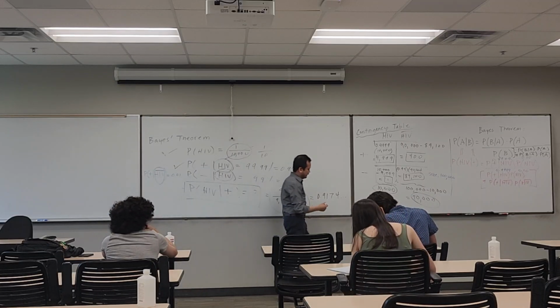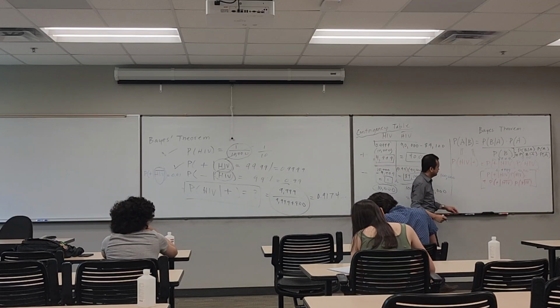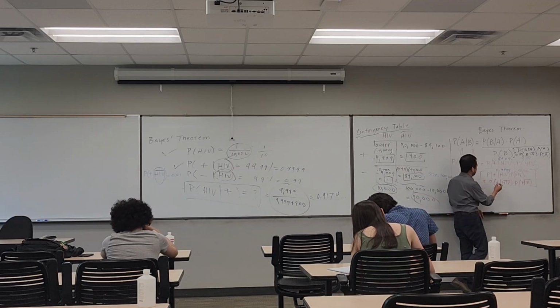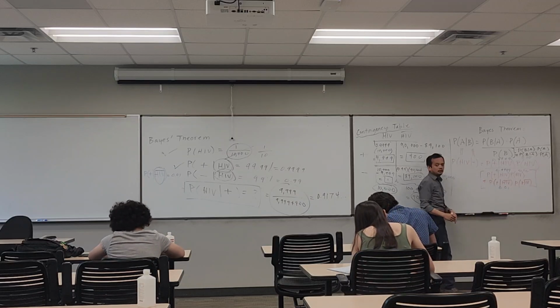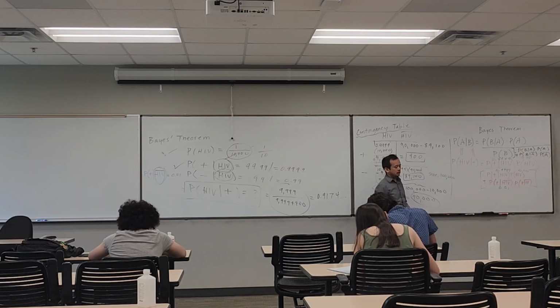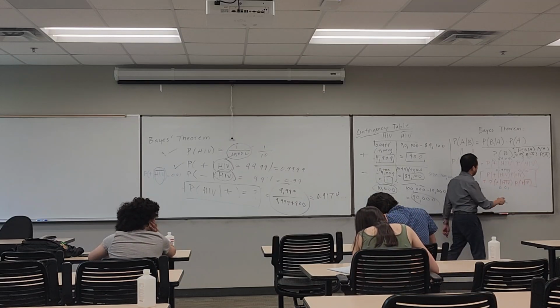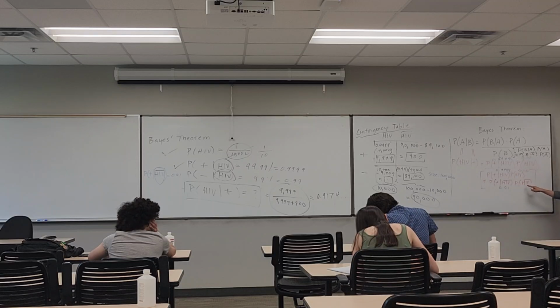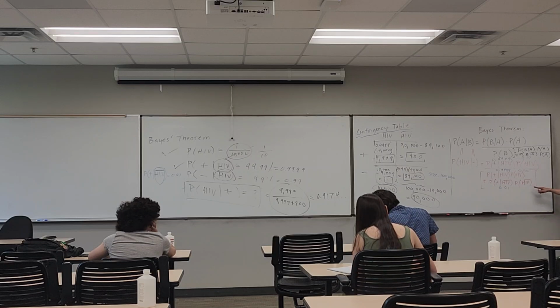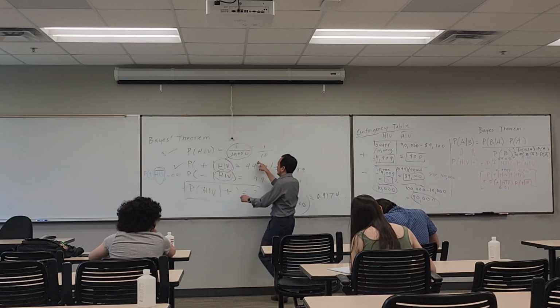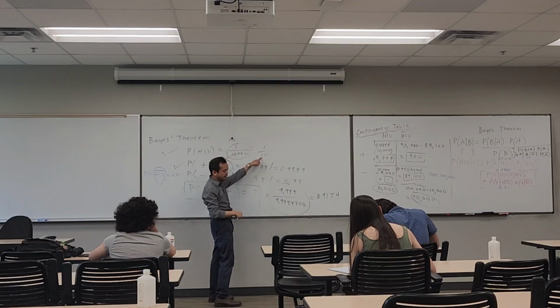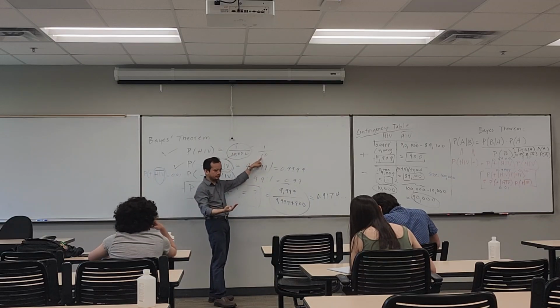So this probability here of testing positive, given we don't have HIV, is going to be 0.01. So what about this probability of not having HIV? 0.9. Yeah, because the probability of having HIV out of everybody is 1 in 10, so not having HIV will be 9 in 10, or 90%.